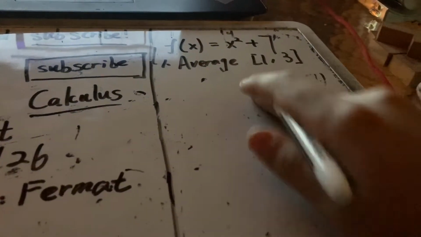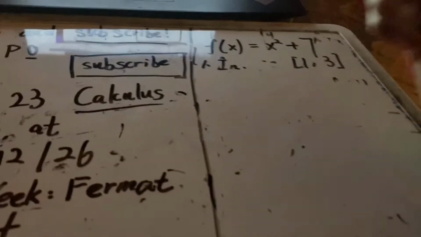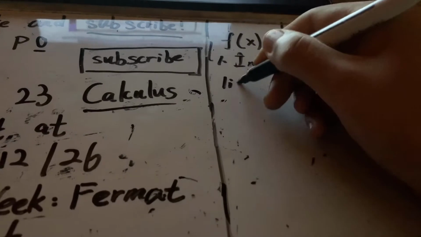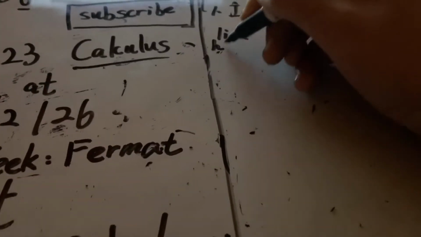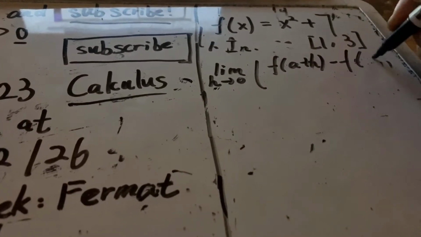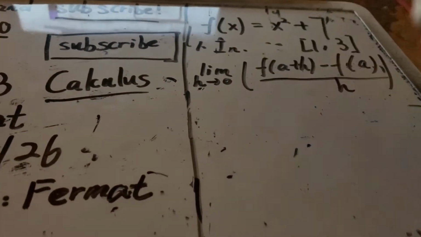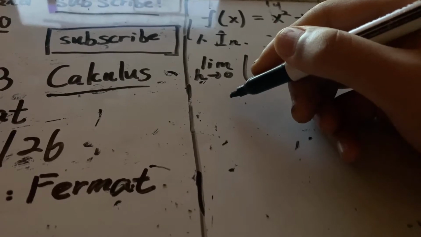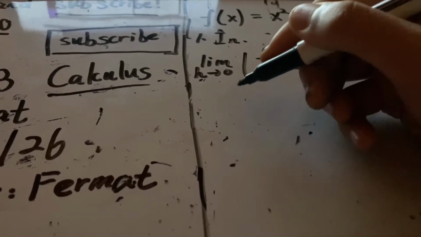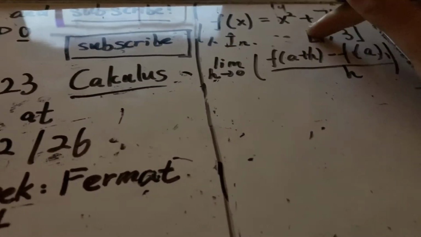Now, what is the instantaneous rate of change? Let's list out the formula, which is the limit as h goes to 0 of f(a plus h) minus f(a), divided by h.